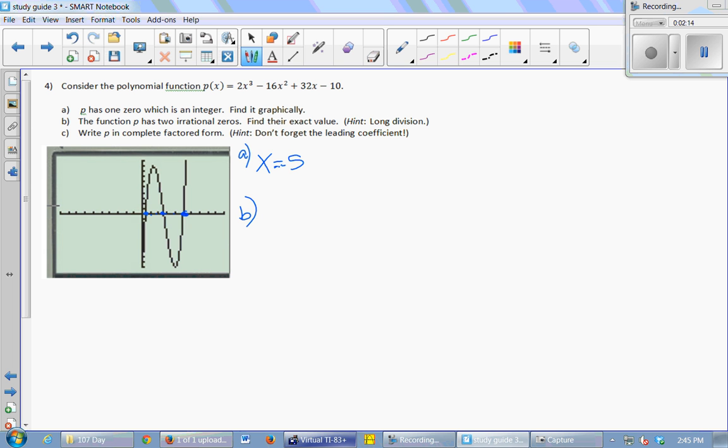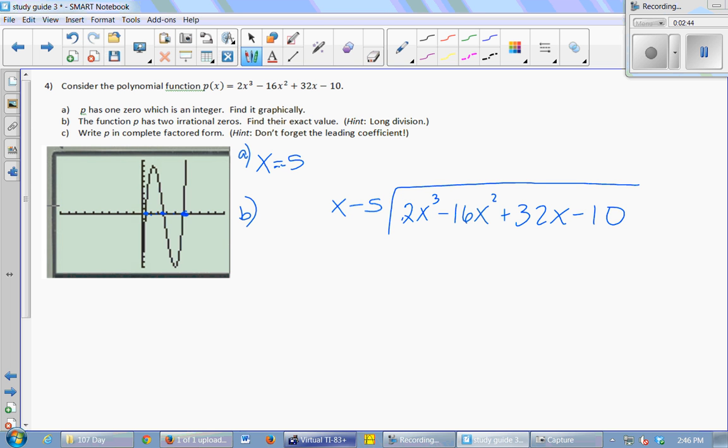I'm going to take my original function, 2x cubed minus 16x squared plus 32x minus 10, and divide by the factor that I now know. I know that x equals 5 is a zero, which means x minus 5 is a factor. So I'm going to divide x minus 5 into p of x using long division.